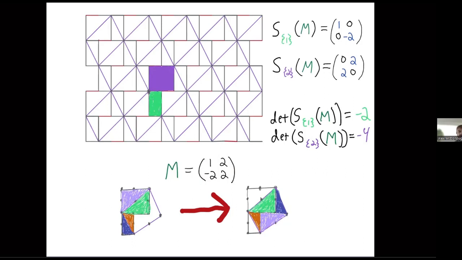And another thing to realize is that the determinant of S1 of M is -2. The determinant of S2 of M is -4. Ignoring the negative signs, this is exactly the 2 and the 4 that we had before.